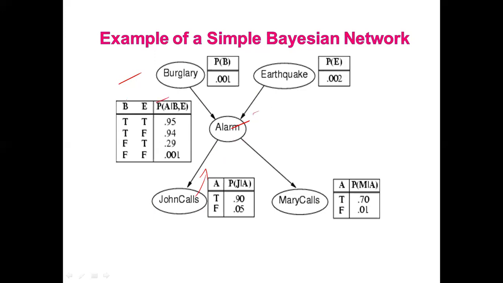Here B represents the burglary, and E is the earthquake. This arrow represents that the earthquake affects the alarm. This burglary also will affect the alarm. And here A represents the alarm.